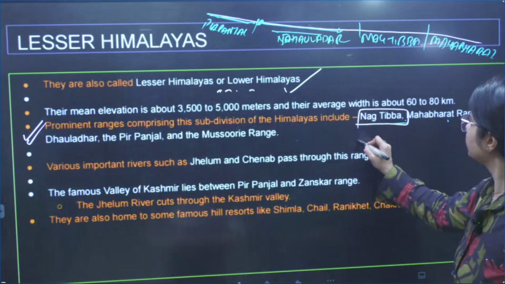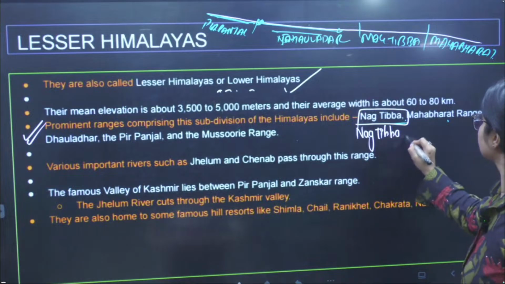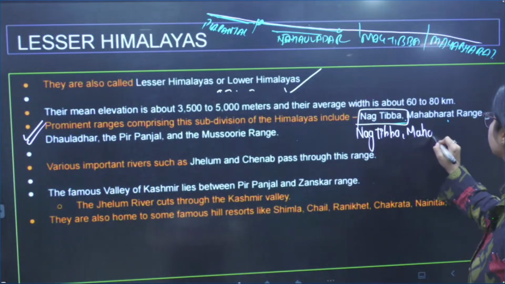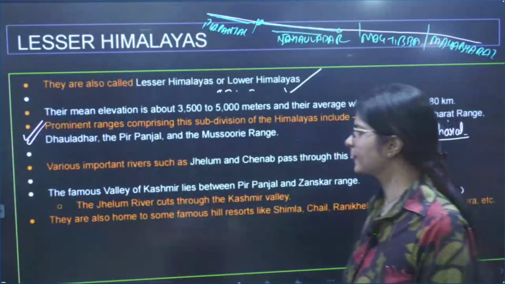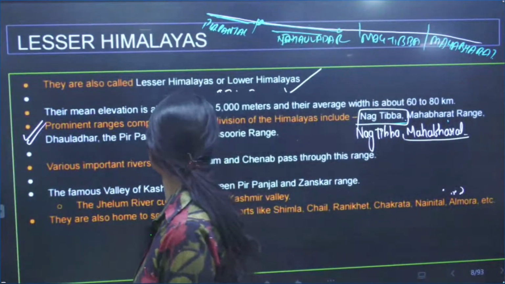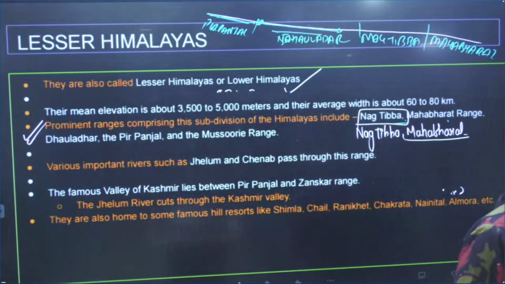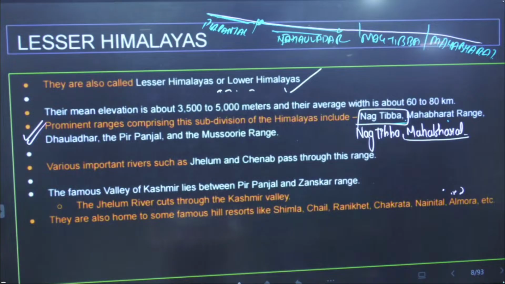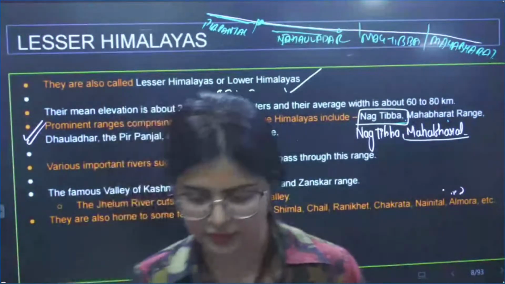Nag Tibba, Mahabharat range, Dhauladhar, Pir Panjal, and Mussoorie Range.